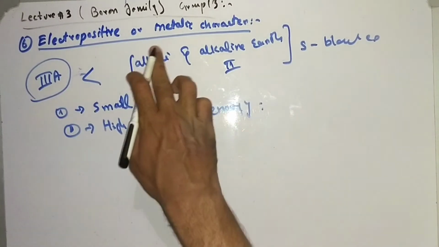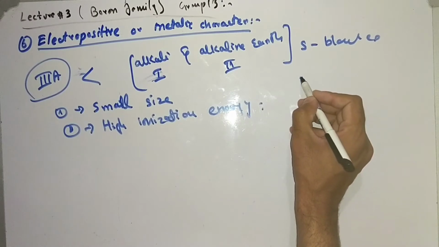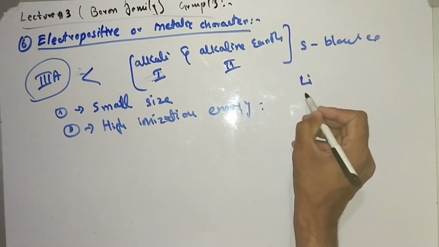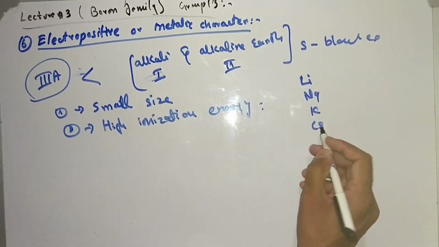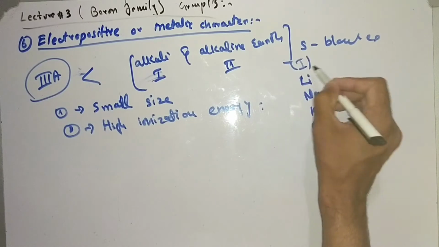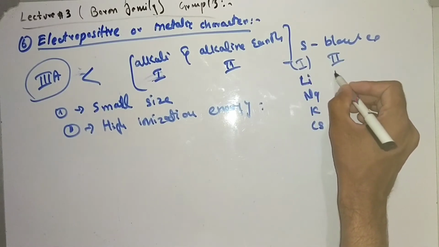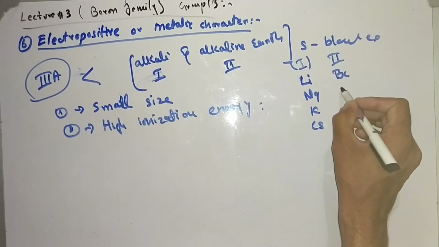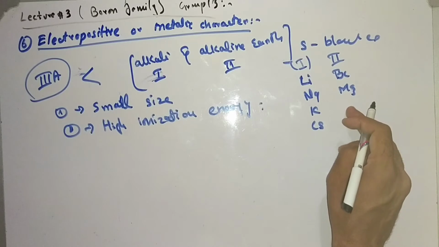When atoms get a positive charge easily, as in the first group, that is lithium, sodium, potassium, cesium, these are the first group elements, also called alkali metals. And these are the second group elements, beryllium, magnesium, and so on.